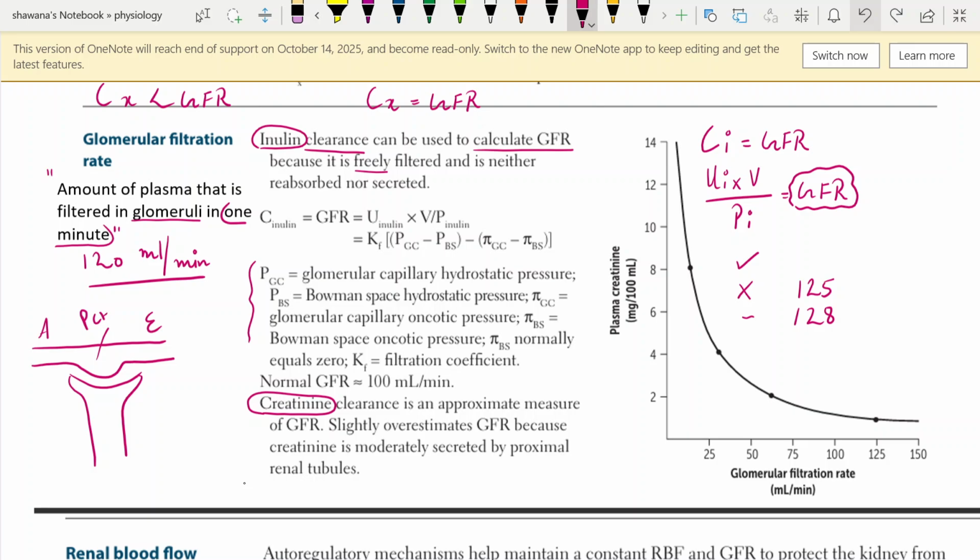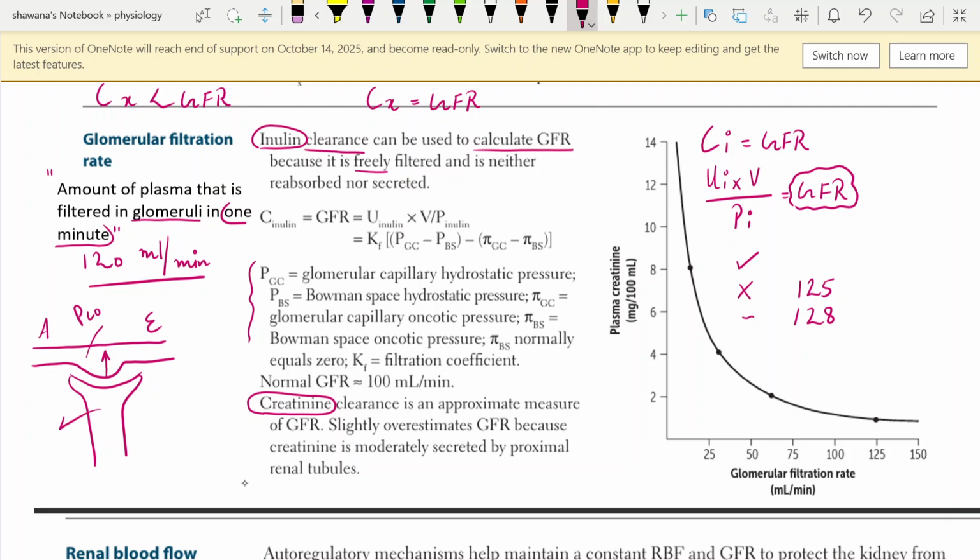The next pressure is the capillary oncotic pressure. Capillary oncotic pressure is the pressure due to the plasma proteins like albumin, globulin, and fibrinogen. They exert a pulling force. They do not allow filtration. So this is the opposing force for the filtration. And what about the Bowman space?